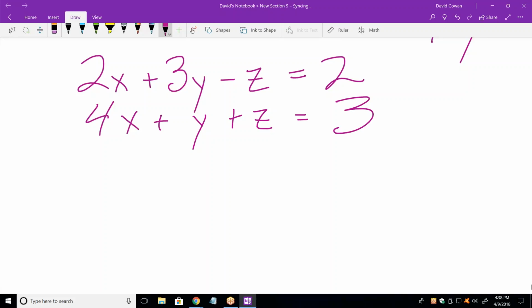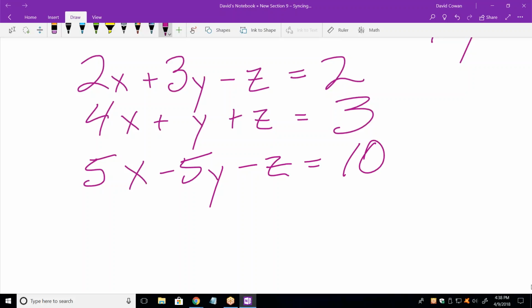Second equation, 1 equation, 3 variables. Third equation. This is a system of 3 equations and 3 variables.